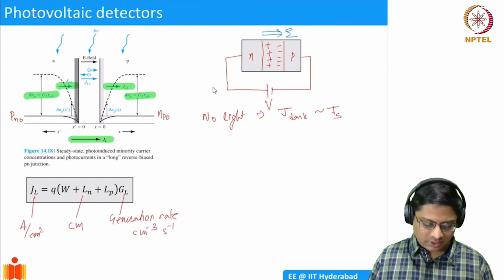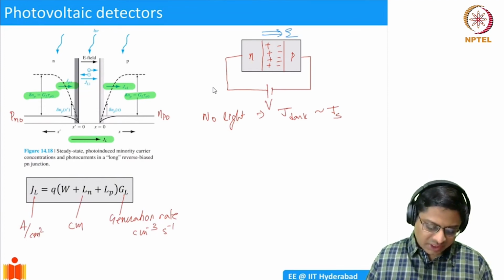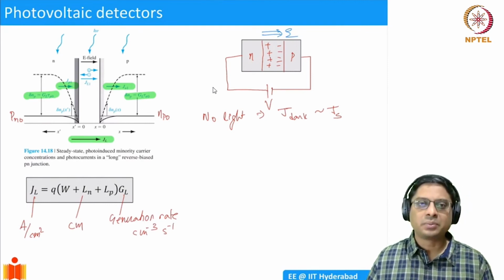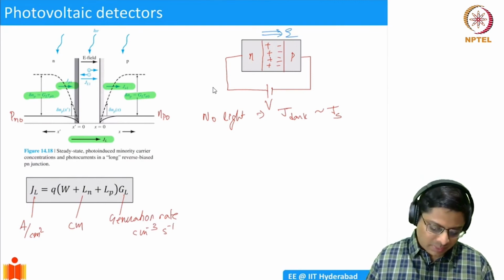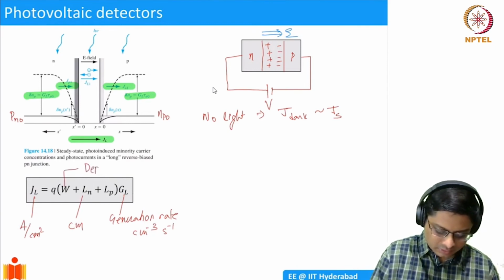This is how I usually remember it. So what you see is that the current you're producing in such a scenario is dependent on the width of the depletion region. Of course, this is the depletion width.